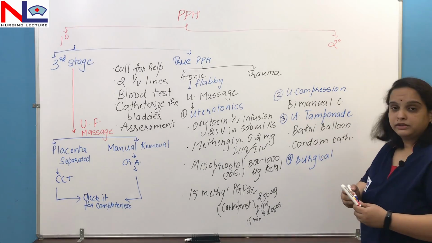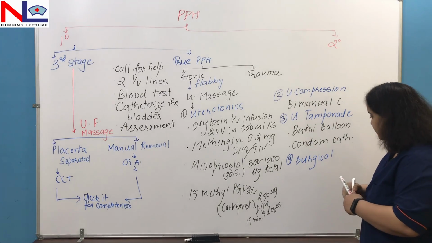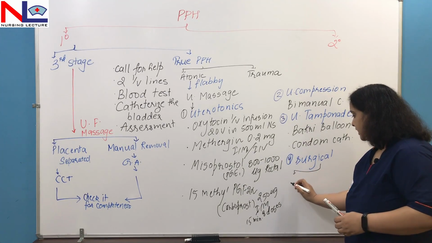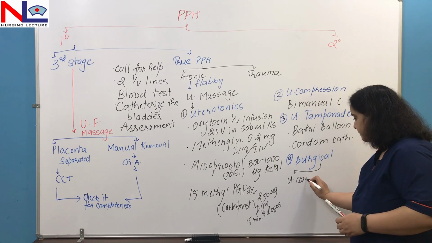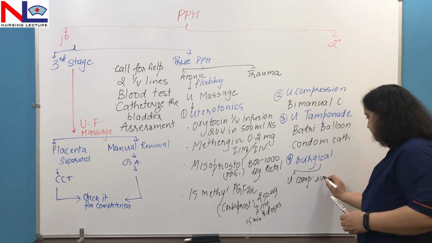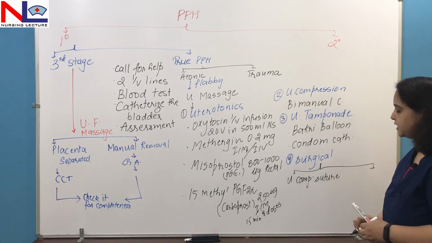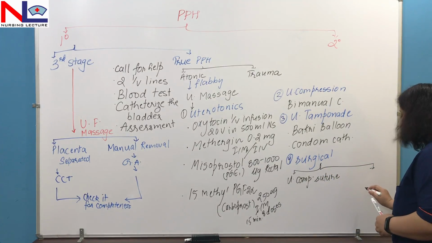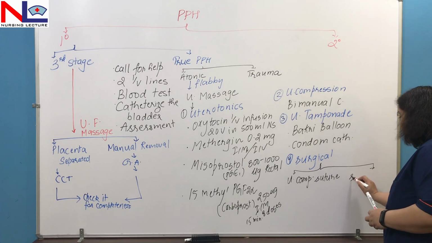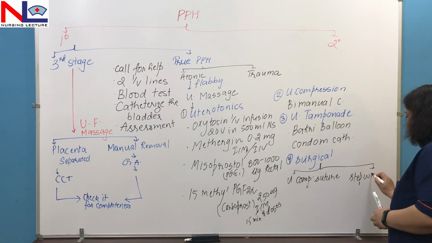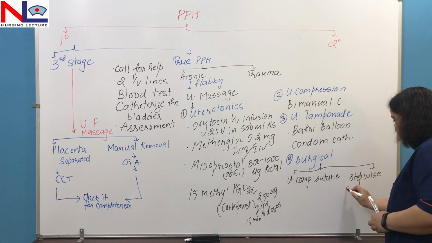But there are two things in the surgery. One is the uterine compression sutures. First go with the uterine compression suture, and the next step in the surgical method is the stepwise devascularization procedures.